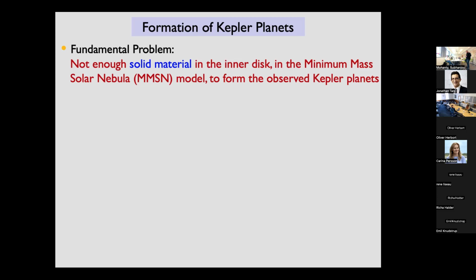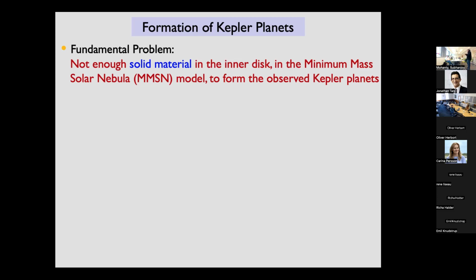So the fundamental problem is that the inner parts of the disk don't have enough solid material. If you invoke the standard minimum mass solar nebula model that is invoked to form the solar system, that by itself is not surprising because the solar system doesn't have such planets, okay? So the mass distribution that you infer by looking at the solar system doesn't have enough material, okay?